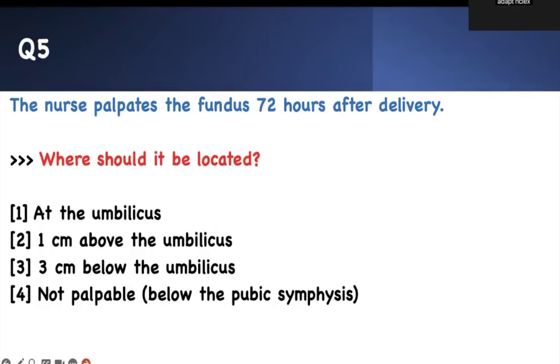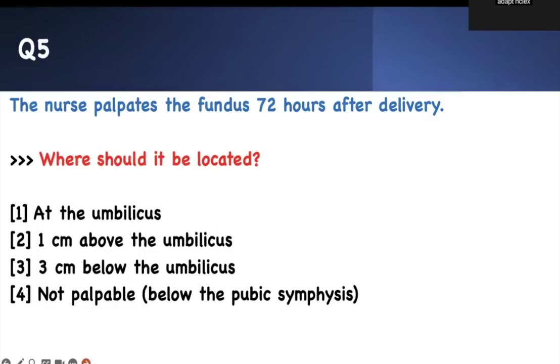That when a mommy delivers, the fundus is supposed to descend. How? 1 centimeter each day, right? Where should it be palpated? At the umbilicus, 1 centimeter above the umbilicus, 2 centimeters below the umbilicus, not palpable below the pubic symphysis.